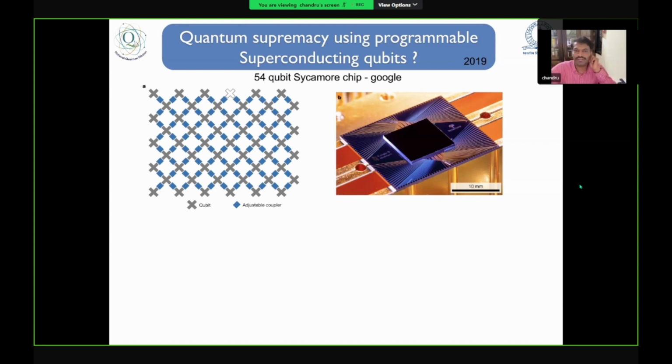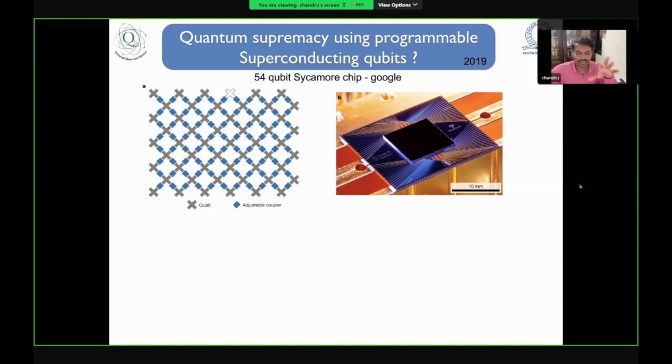This is a 54-qubit Sycamore chip which Google used to demonstrate what they considered at that point a quantum supremacy. They didn't implement a meaningful algorithm like phase estimation or Shor's or anything; what they did was create a complicated random circuit.